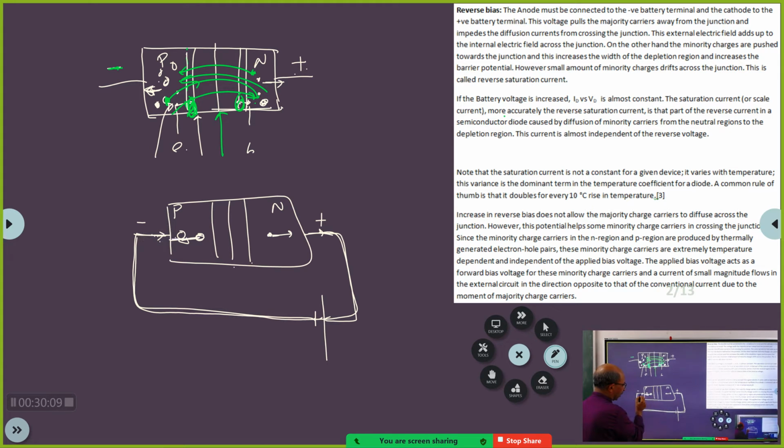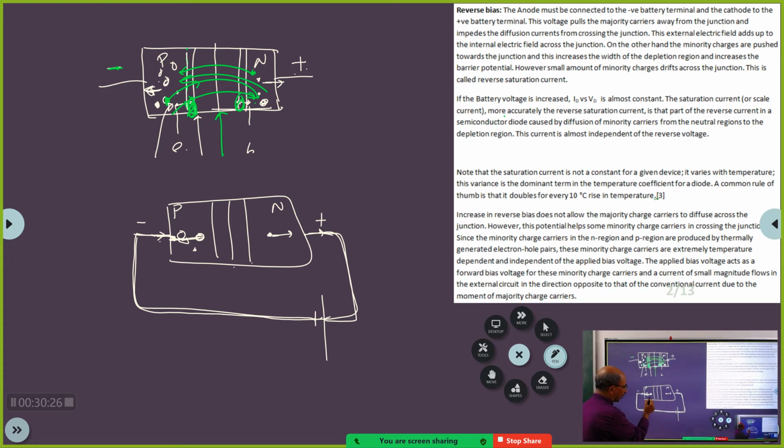As this hole comes here, this electron will absorb it. Understood?